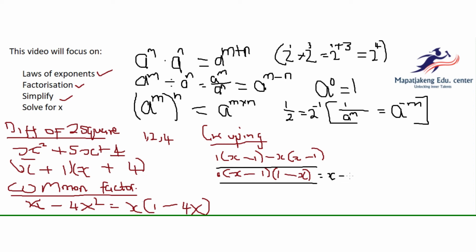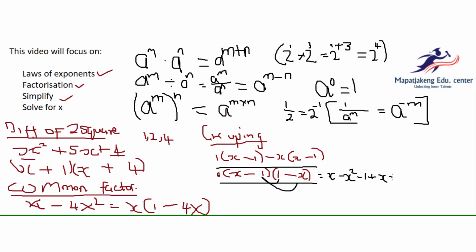And x times x, when multiplying the same base, we add the exponents, because here there's 1 and here there's 1, so it's going to be minus x squared. Then we move to the next one: negative 1 times positive 1 is negative 1, because any number times 1 is that number. Then negative 1 times negative x: negative and negative becomes positive. 1 times x is just x.